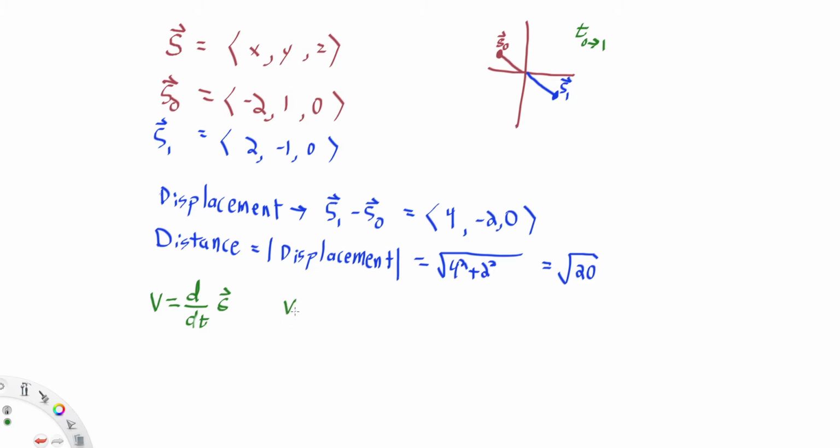So our average velocity will be our displacement vector, right? This is the distance that we traveled in a certain amount of time.